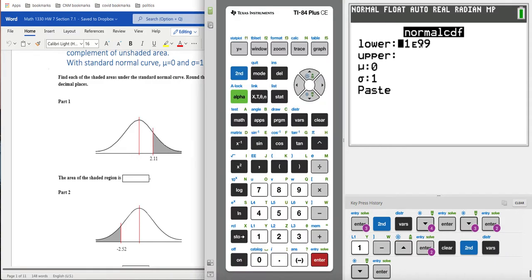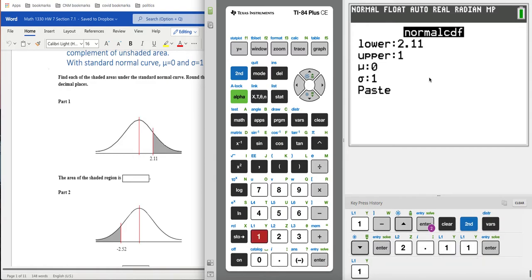So for our lower bound, we're going to put 2.11. For our upper bound, it's infinity, but there's no infinity in the calculator. The way you handle that is you put 1 E99, in other words, 1 with 99 zeros after it.